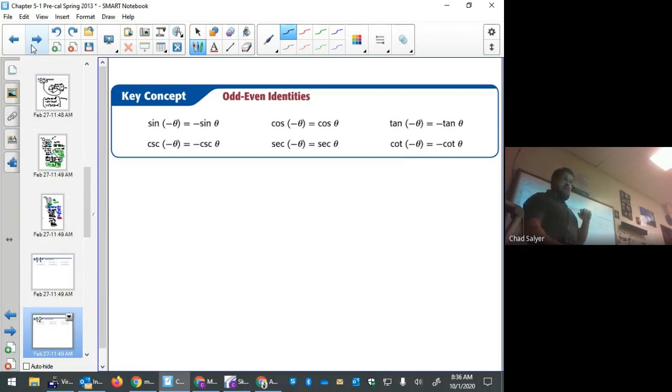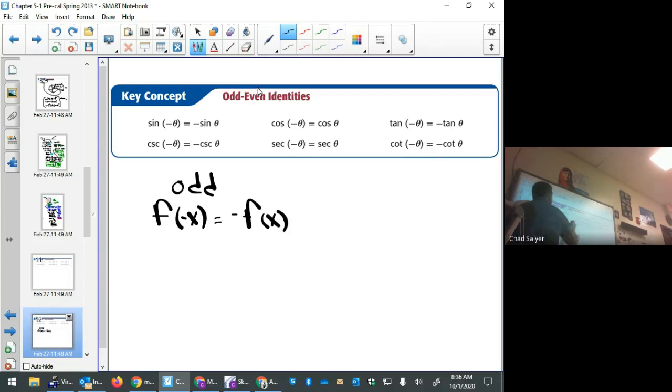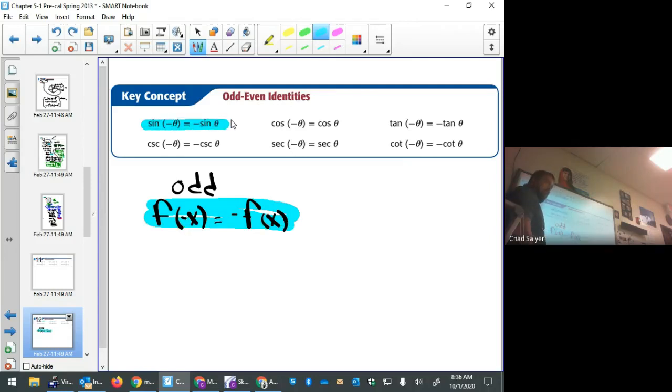You remember the definition for odd and even functions? So that's where this comes from. Let me just refresh your memory real quick. If a function is odd, f of negative x equals negative f of x. You see how that relates to this? How this is what makes this true?